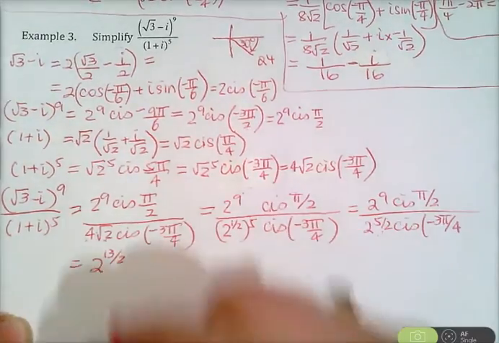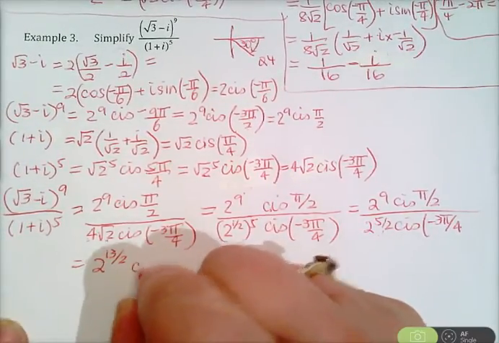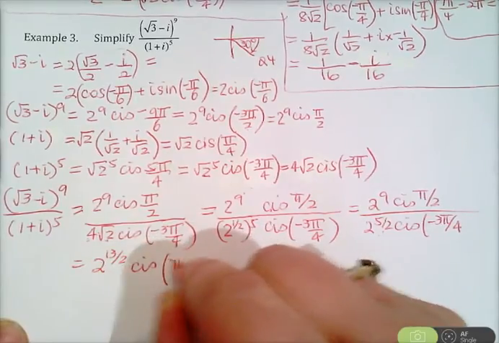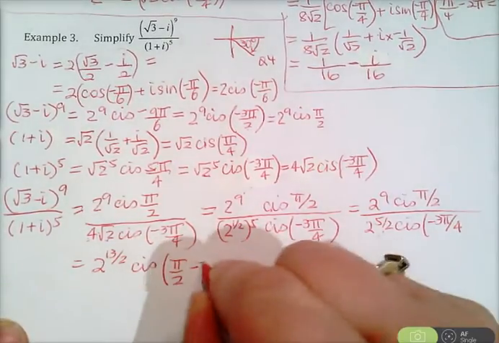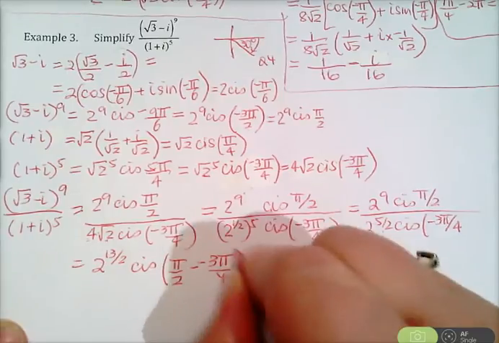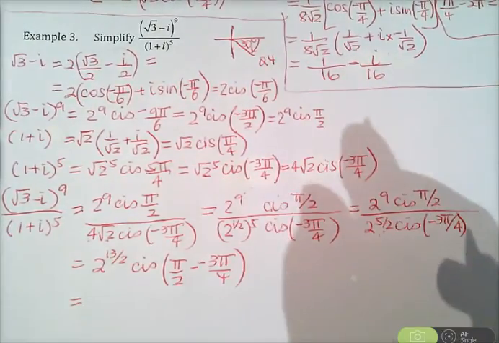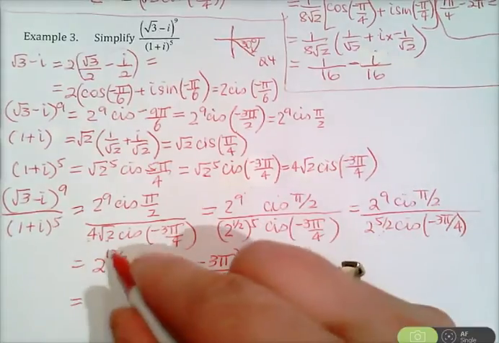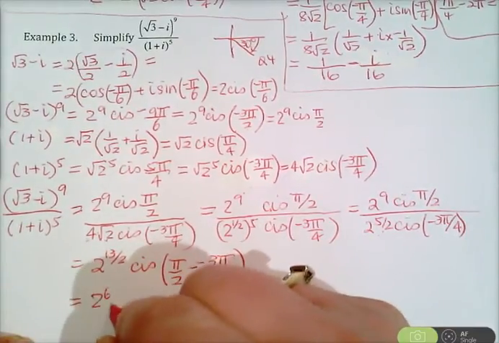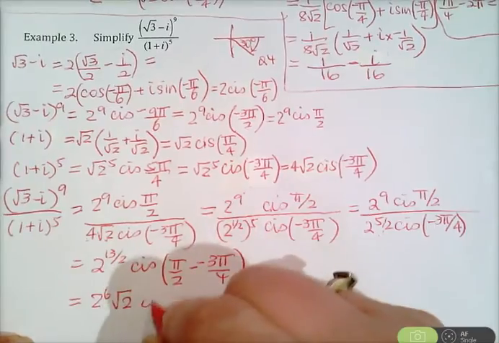And we've got cis. Now what we do is we subtract our arguments. So we've got cis of pi on 2 minus 3 pi on 4. Now 2 to the power of 13 on 2 is 2 to the power of 6 times root 2. And here we've got cis.